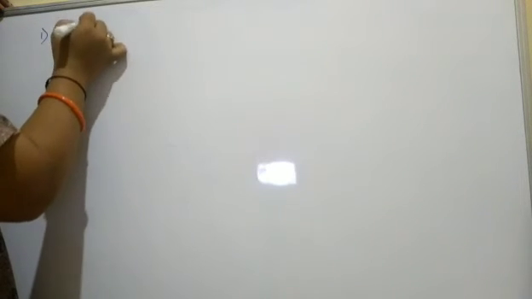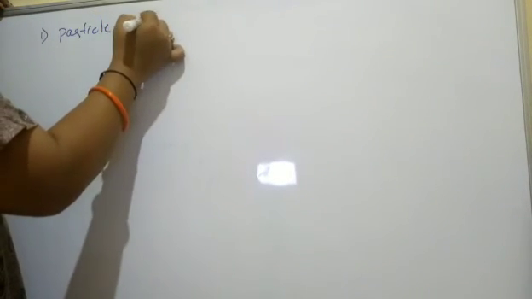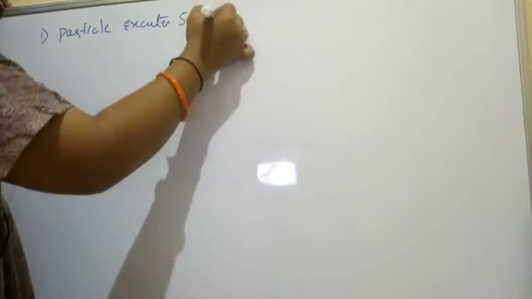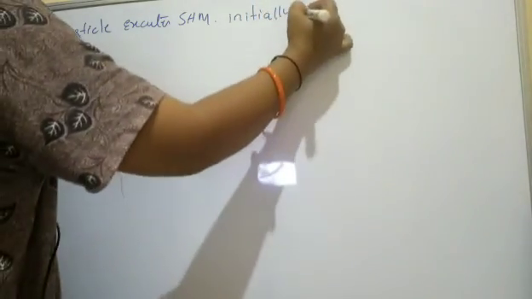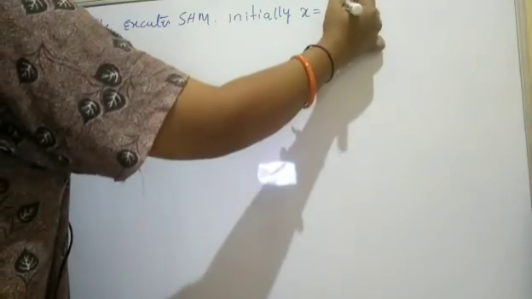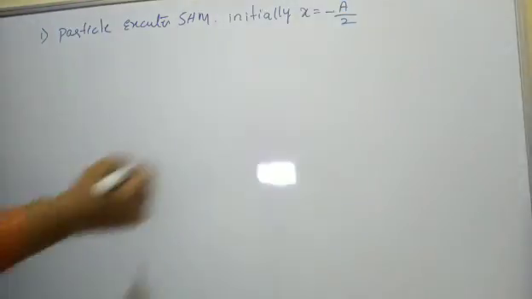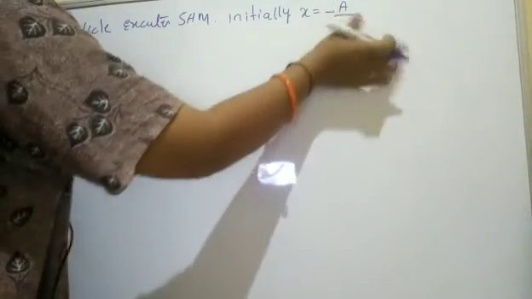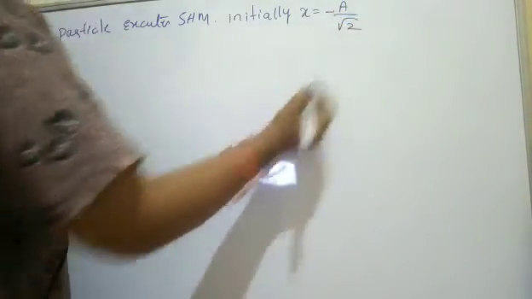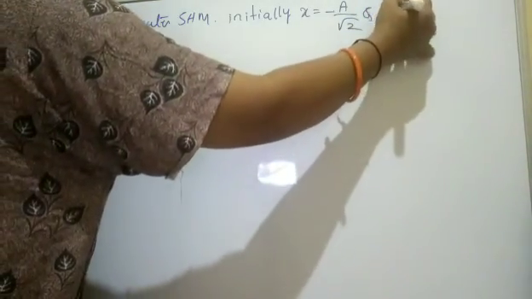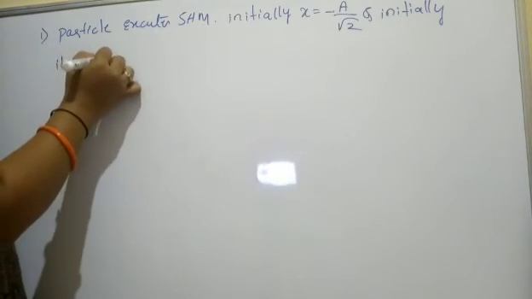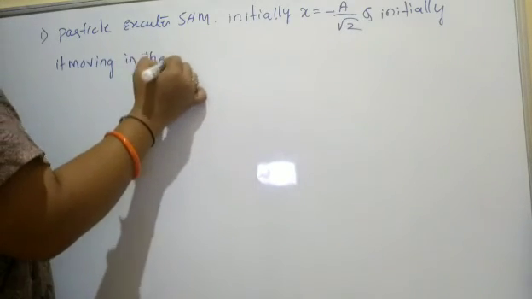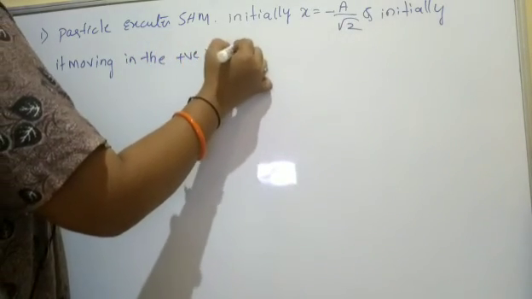So if a particle executes simple harmonic motion, initially at x is equal to minus a by root 2, and initially it is moving in the positive x direction.